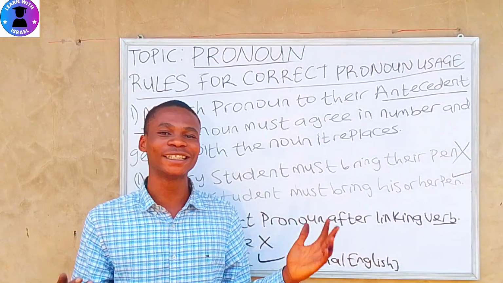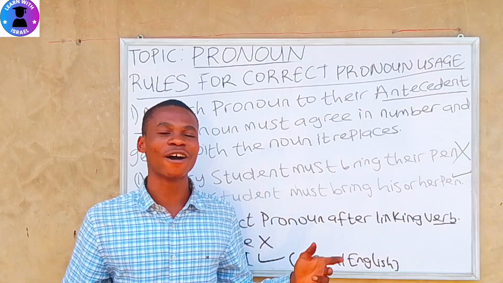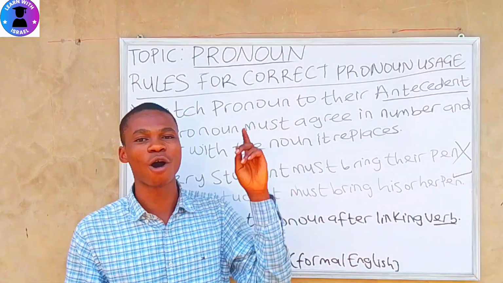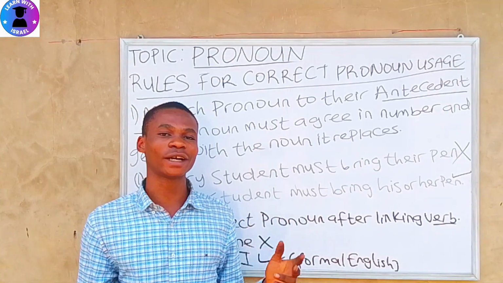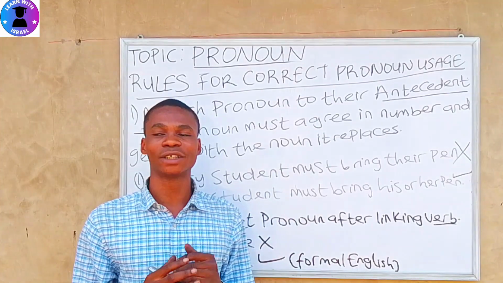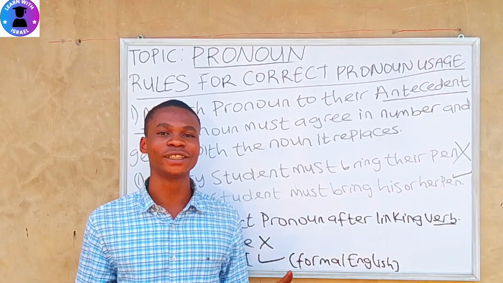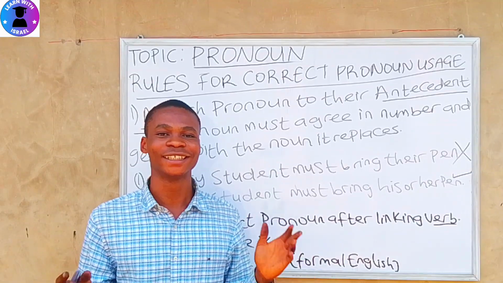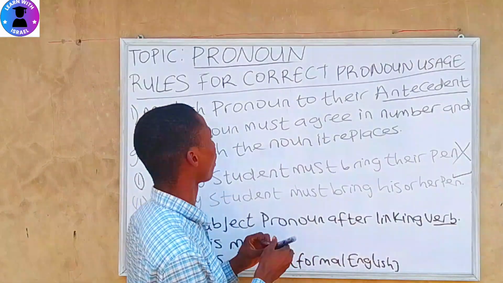That is what you can learn in Learn with Israel. That is what you can learn in our channel. What you have been making mistakes on for a long period of time, once you get to this channel, you will be corrected. So it is I is the correct answer. Maybe they ask you, are you Israel or are you Learn with Israel? Yes, it is I. That is the formal English. So let's move to the next one.